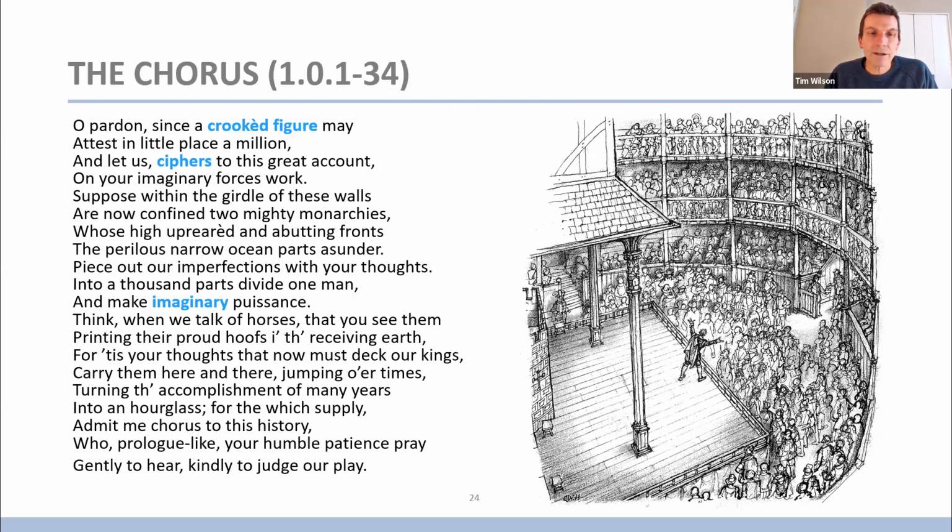Think, when we talk of horses, that you see them printing their proud hoofs in the receiving earth, for 'tis your thoughts that now must deck our kings, carry them here and there, jumping o'er times, turning the accomplishment of many years into an hourglass, for the which supply admit me chorus to this history, who prologue like your humble patience pray, gently to hear, kindly to judge our play."